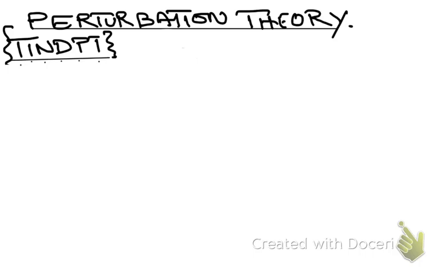And the idea here is to start with a very simple system whose mathematical solution is known, and then just add a very weak disturbance to our system, that is by perturbing or adding an additional term to the original Hamiltonian.